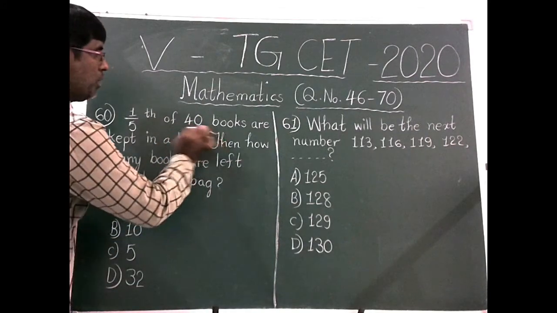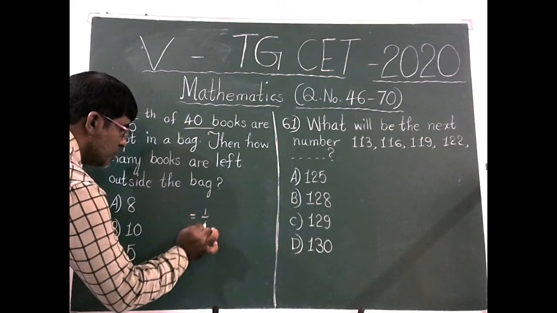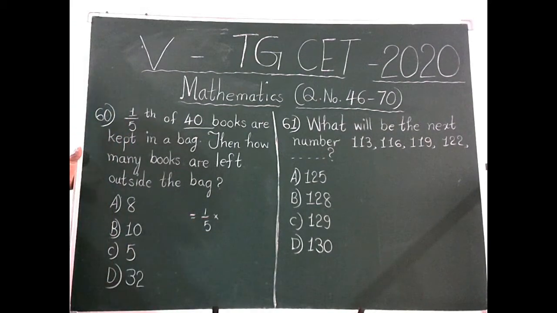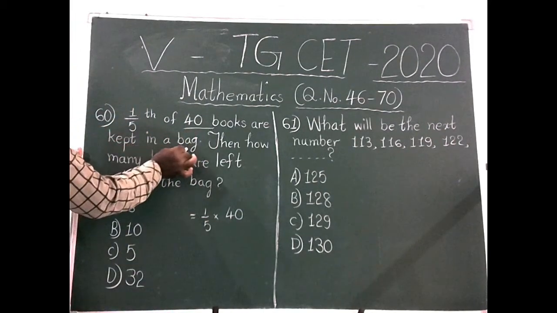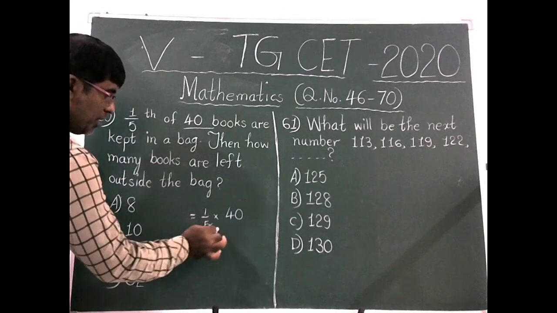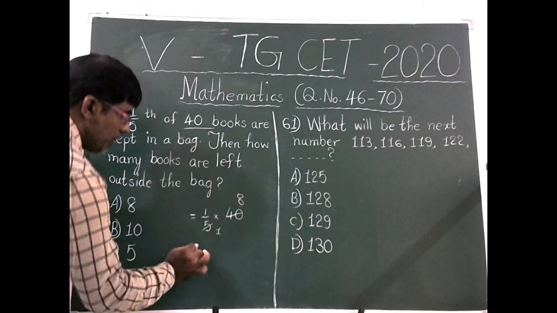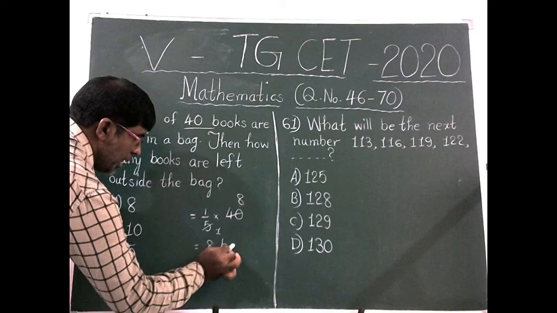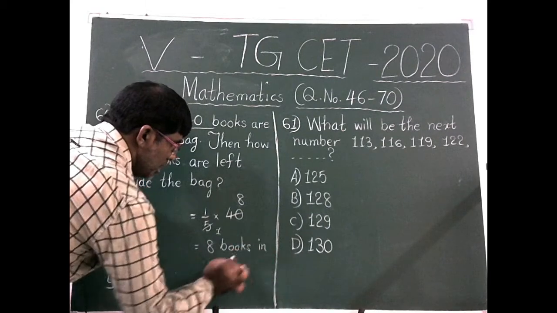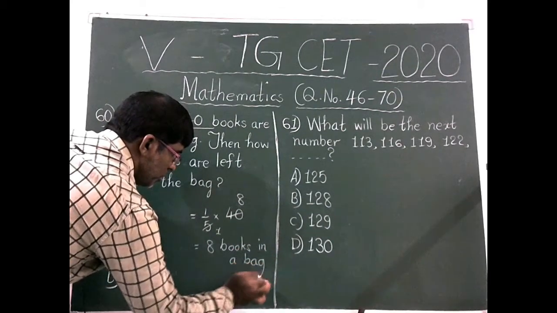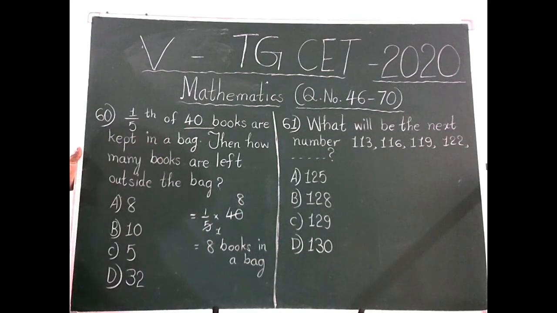Okay, the total number of books is 40. 1/5 of the total 40 books are kept inside a bag. 5 1s are 5, 5 8s are 40. So 8 books are there in the bag.